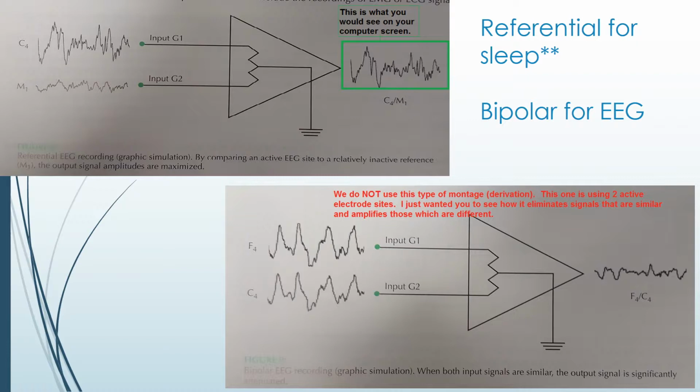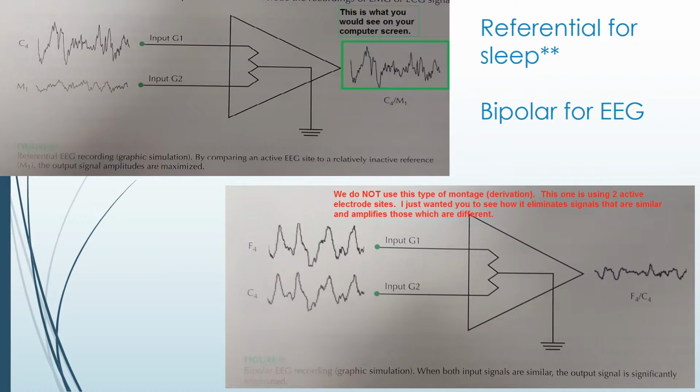So that is what a referential montage is, and that's the type of setting we always use for sleep. We always use a referential recording. Now, in the bottom left hand of your screen, this is an example of that bipolar montage, and we do not use this one, but see how they're using an exploring electrode for both the input G1 and input G2, which we didn't really know the difference between them before, but now you know the frontal right lobe is an exploring.